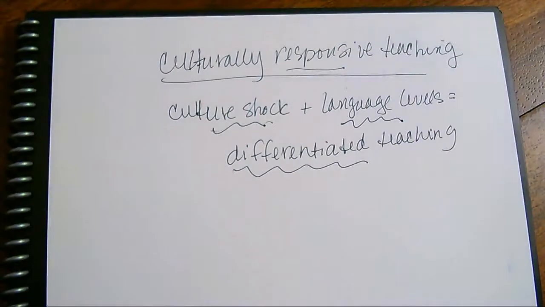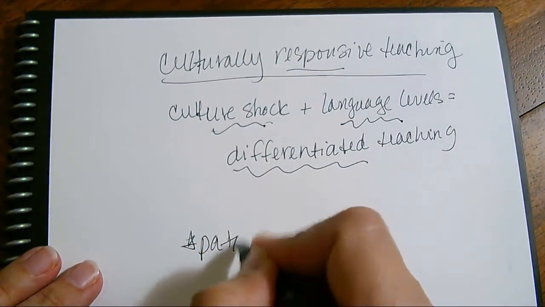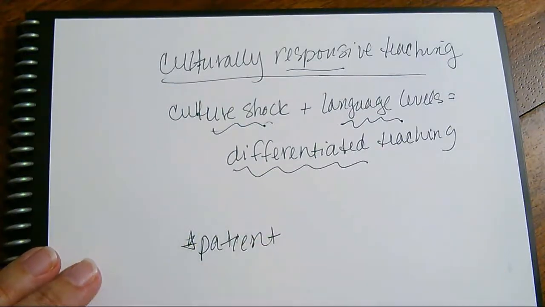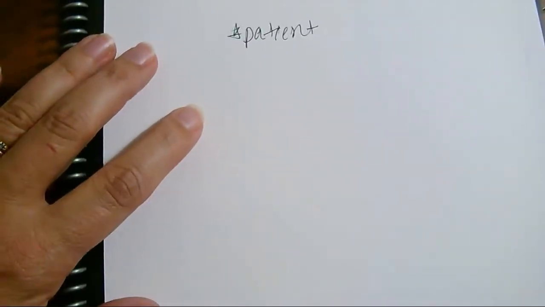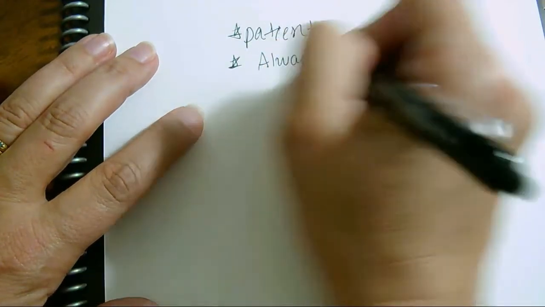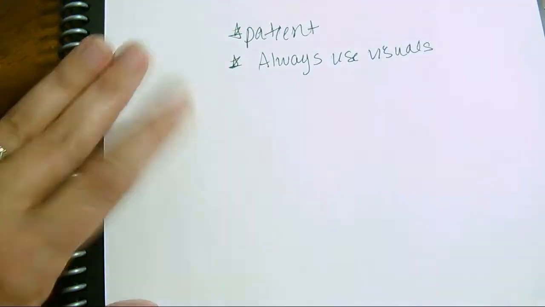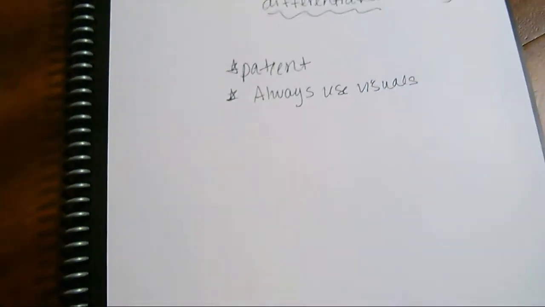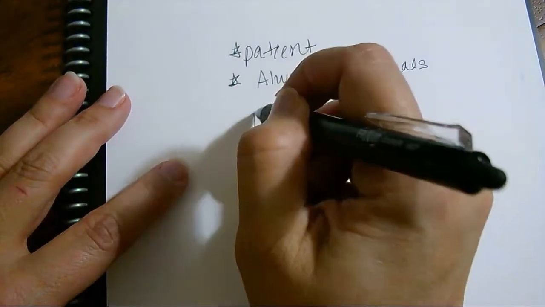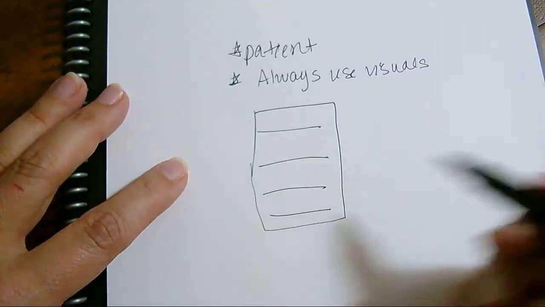So for a student who is newer to us, who's going through culture shock, we need to be patient, constant patience. We need to always use visuals. In my K-12 classroom, I had the agenda on the board every single day.